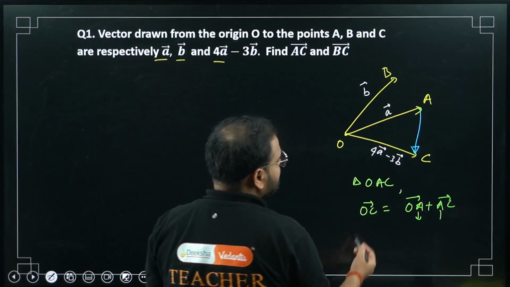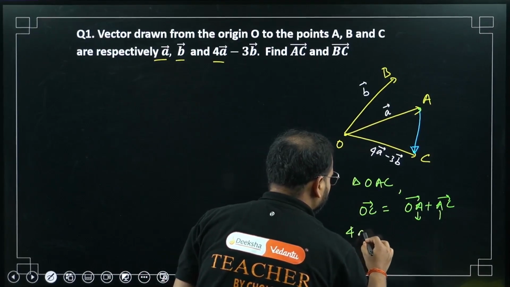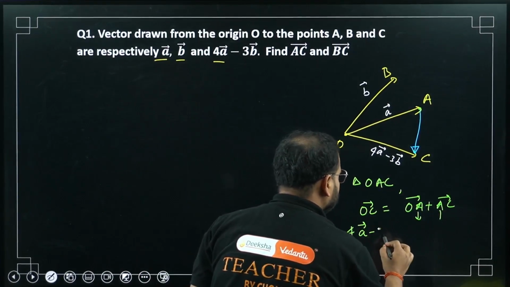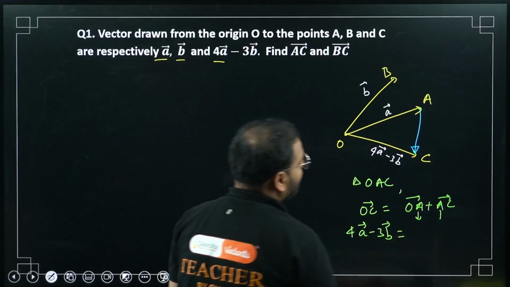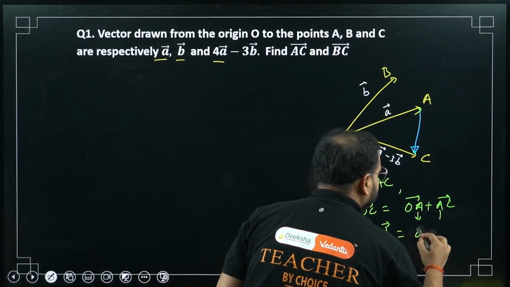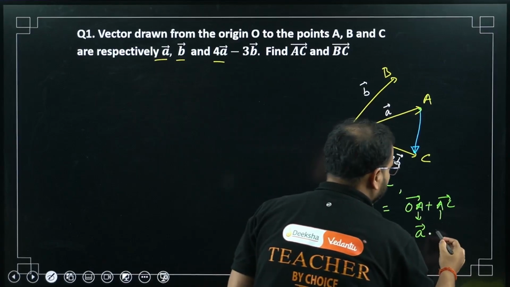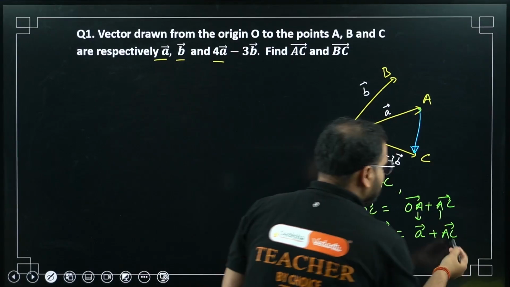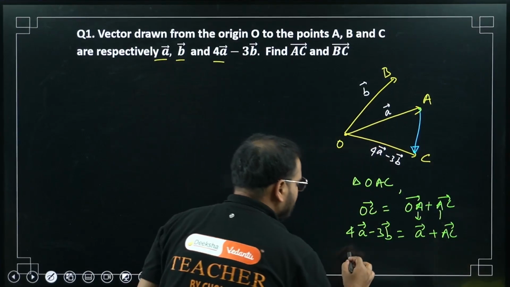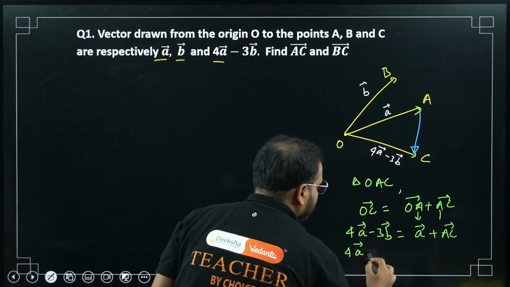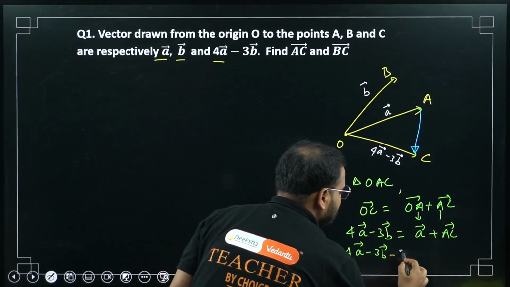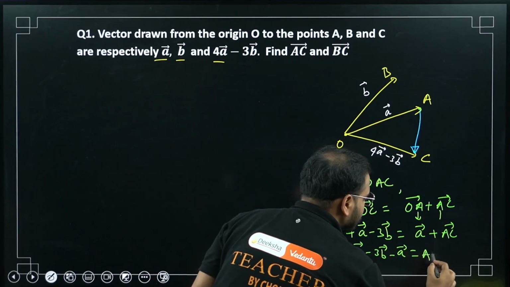So now put the value. What is OC, sir? OC is 4A minus 3B. What is OA, sir? OA is simply A. And what is AC, sir? That's what we have to find out. Keep AC on that side and bring A on this side. It will become 4A minus 3B minus A equals to AC. Right?